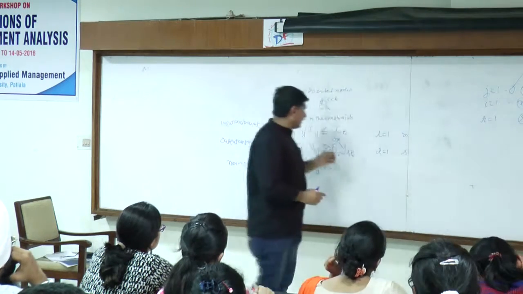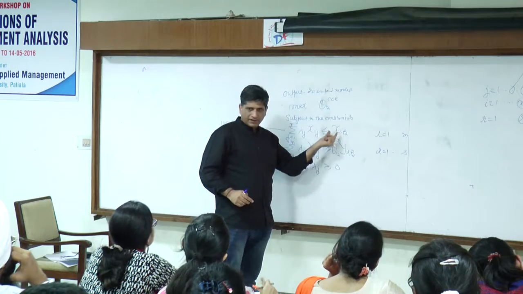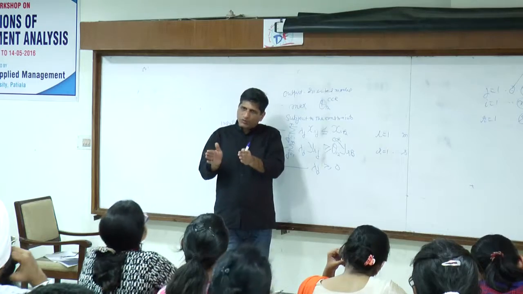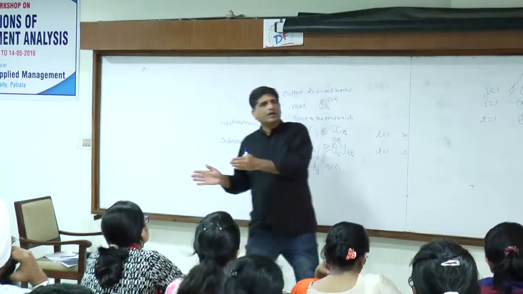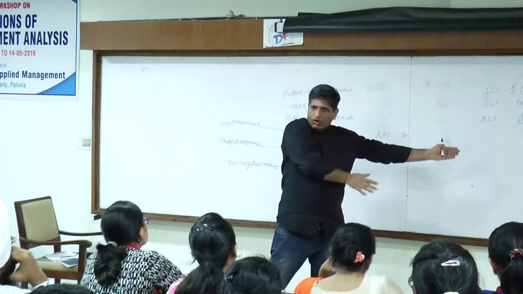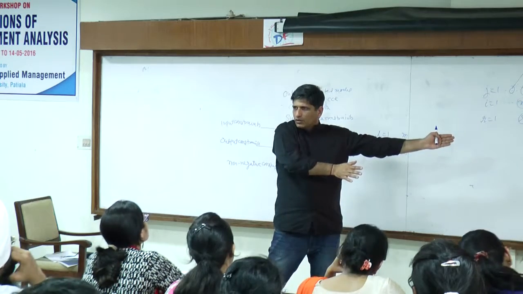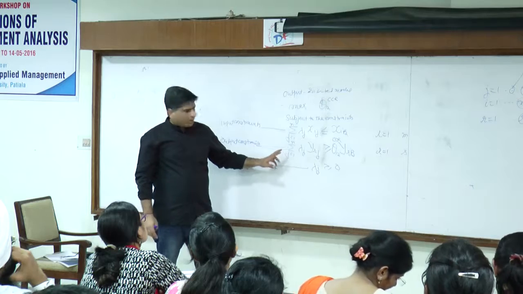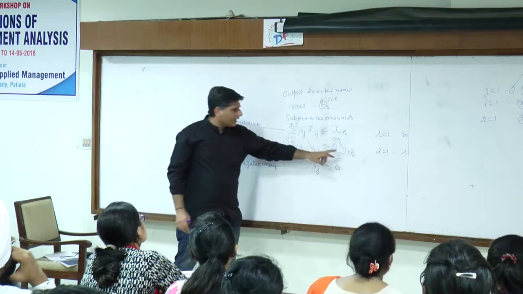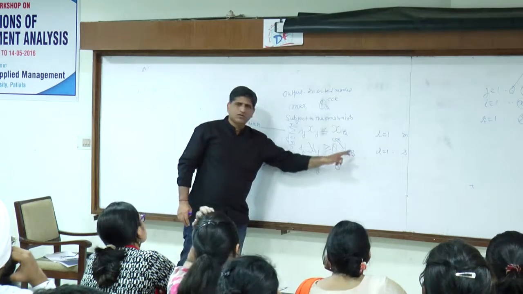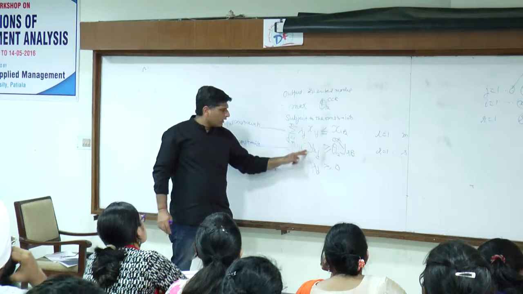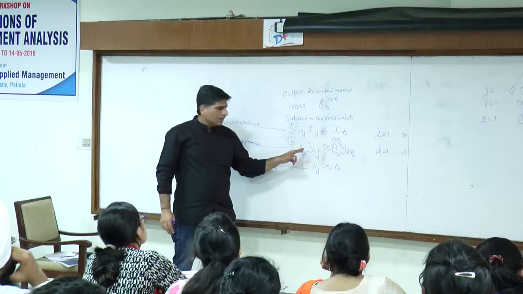Okay? Now, this is a specific input quantity. That is the input quantity used by K, and I am comparing this input quantity with the input quantity used by all. Here, I am not only comparing the output quantity of firm K with the output quantity of all the firms. Okay?